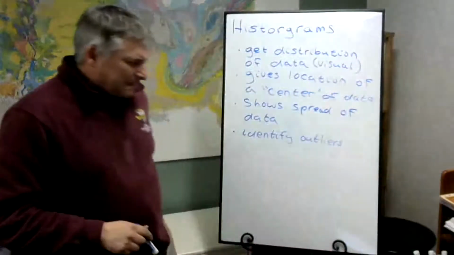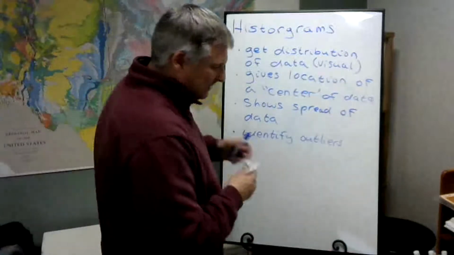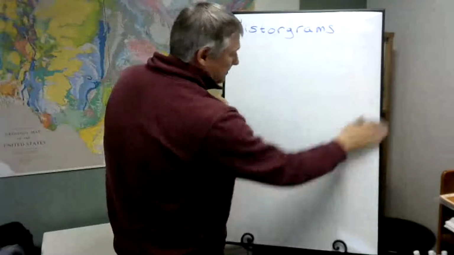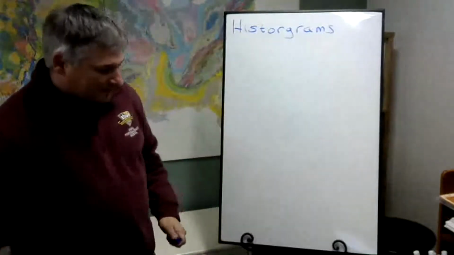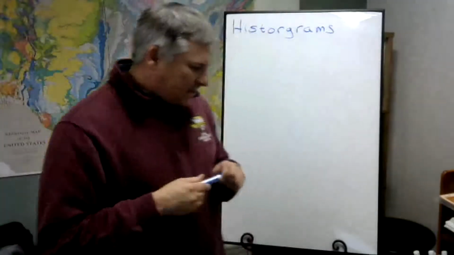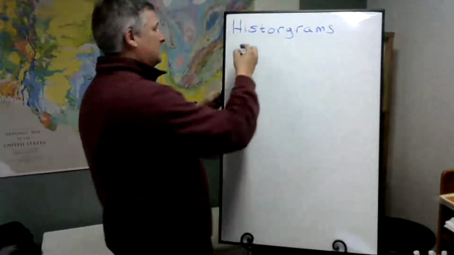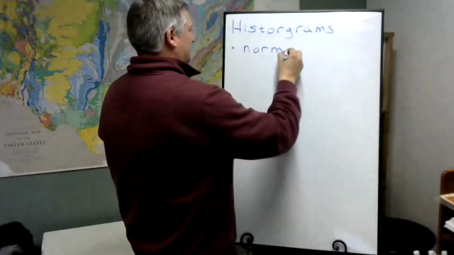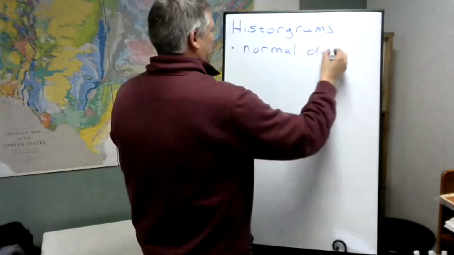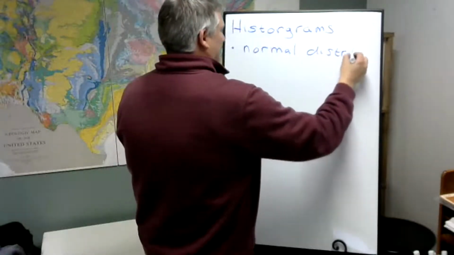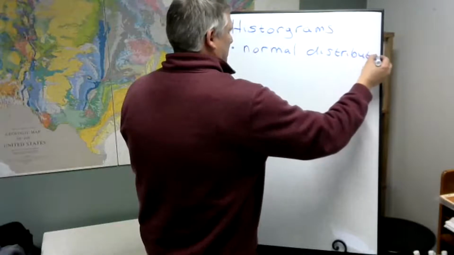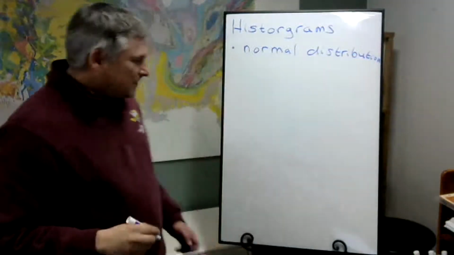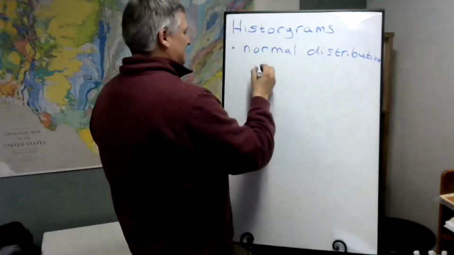Now, there are some properties for histograms. First off, we're going to talk about the normal distribution. And the normal distribution is something that starts out like this.